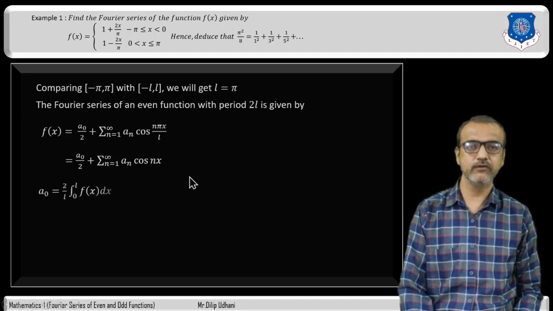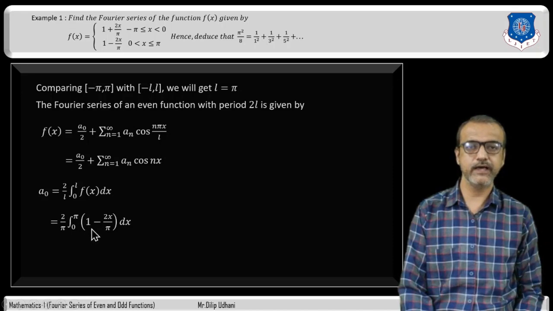Now we will find out a0 equals 2 upon L integration from 0 to L f of x dx. In this expression we replace L by pi, so it is 2 upon pi integration from 0 to pi, and in the interval 0 to pi we have f of x equals 1 minus 2x over pi, and dx will be as it is. Now we will integrate this function with respect to x.